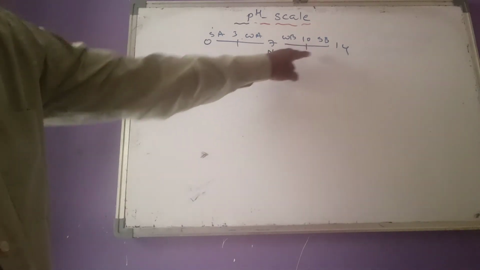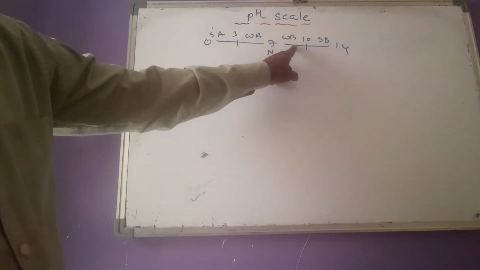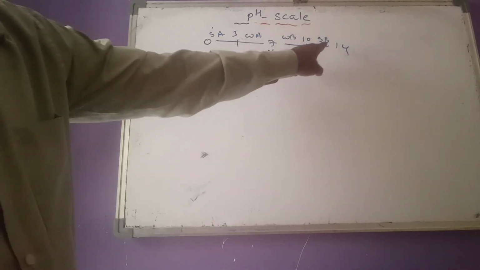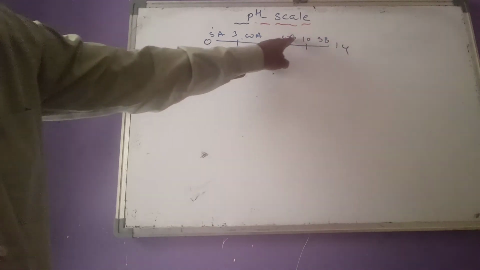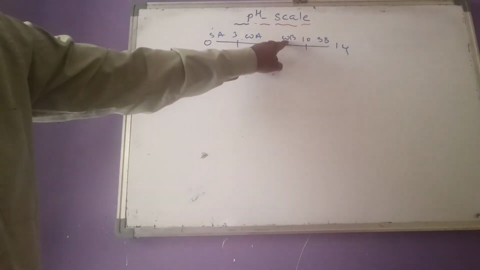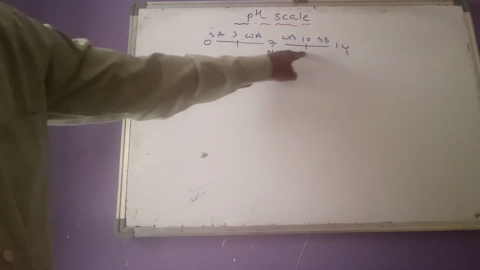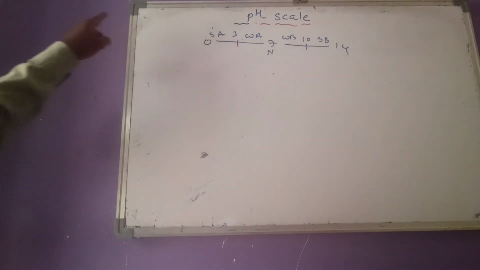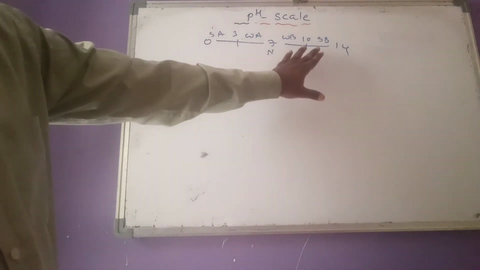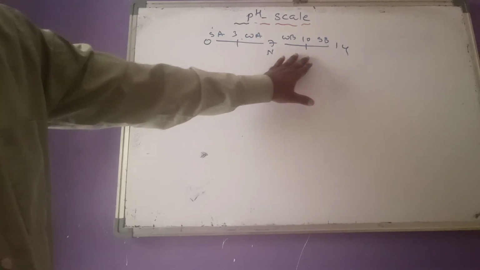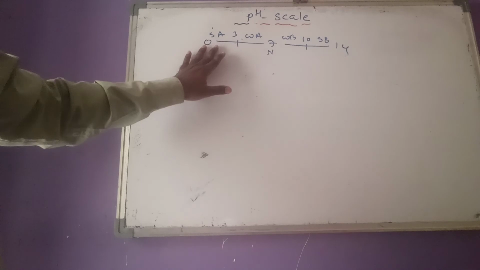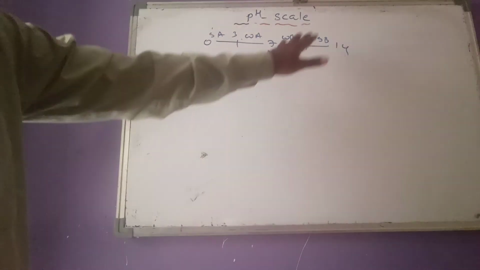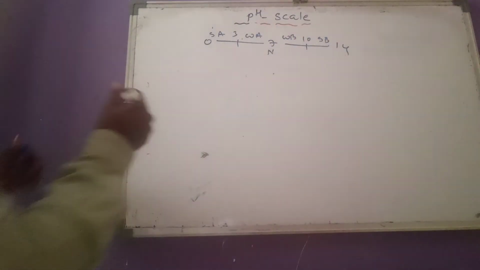But if you come to bases, this region is weak base, 10 to 14 is strong base. If any strong base is diluted, generally that becomes a weak base. That means we are moving in the left-hand side direction. So if a base is diluted, its pH value decreases, but if an acid is diluted, its pH value increases.